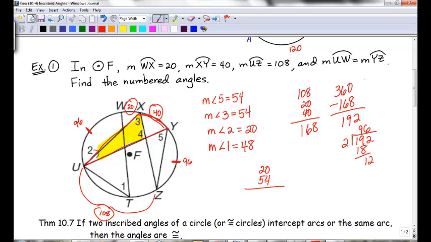The three angles in a triangle add up to 180, so can't we add those two together and subtract from 180? 74, so 106. So the measure of angle 4 is 106. Kind of like a little game you play there. You've got to remember, central angles are the same as their arc. Inscribed angles are half their arc. Okay, let's keep going.